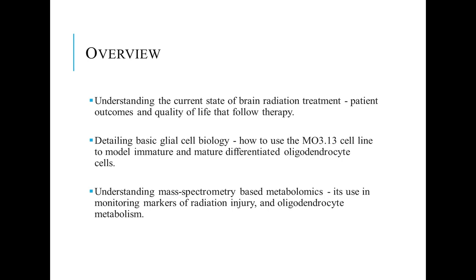I also want to detail basic glial cell biology and how I use the MO3.13 cell line to model immature and mature differentiated oligodendrocytes. They're the bread and butter of my work. And also understanding mass spectrometry-based metabolomics and how we can use it to monitor markers of radiation injury and oligodendrocyte metabolism in cell culture.